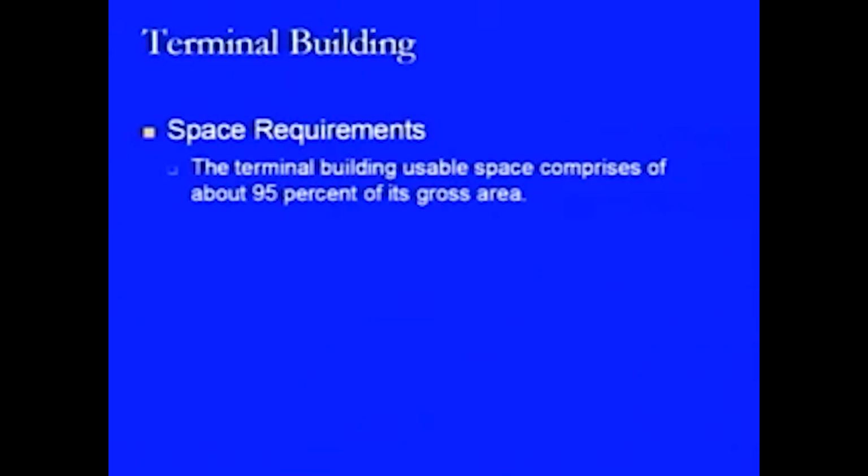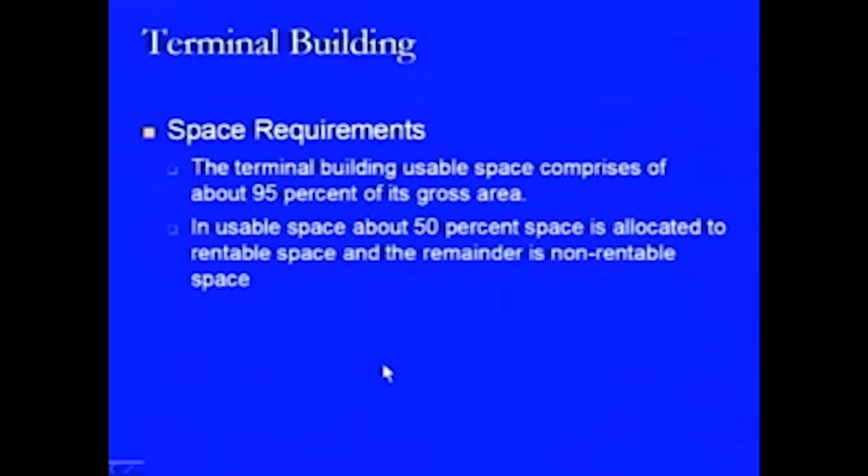Now, if we look at the space requirements, then the terminal building usable space comprises about 95% of its gross area. So, that means up to 95% we are going to utilize the overall space. In usable space, about 50% space is allocated to rentable space and the remainder is non-rentable space.